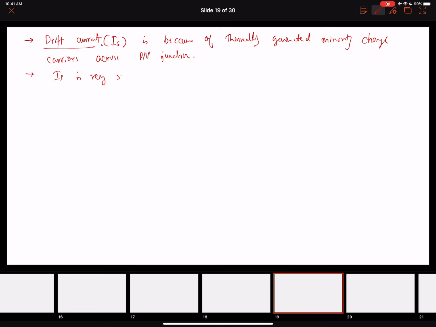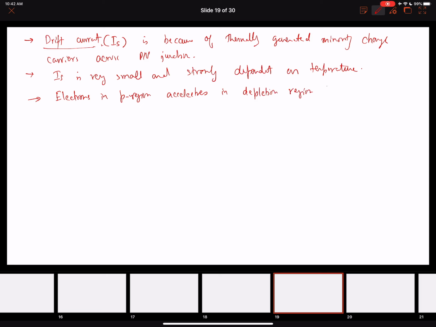IS is very small and strongly dependent on temperature, and electrons in the P region accelerate in the depletion region to move towards the N region, and vice versa.